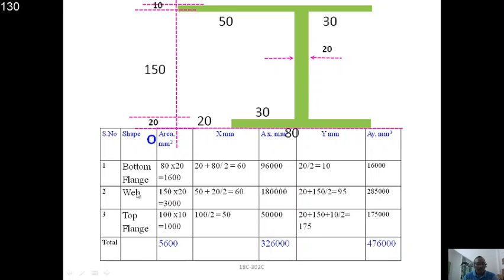Let us evaluate all the areas. Bottom flange is 80 by 20, thickness is 20. The web thickness is 20 and height is 150, and the top flange is 100 by 10, where the thickness is 10.